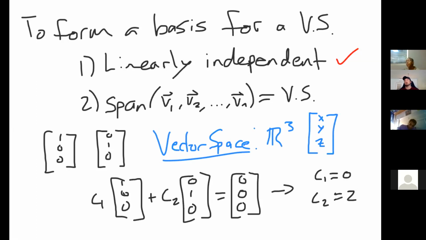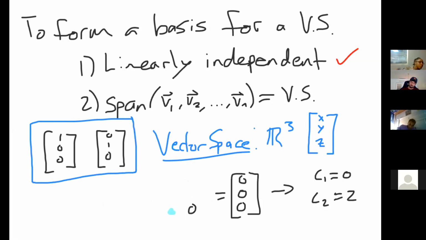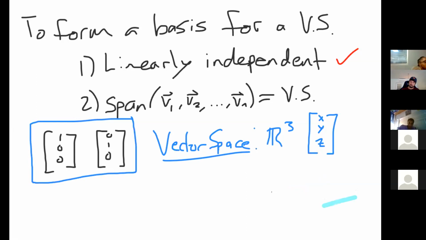These are the things that live in R3. So can I create any vector in R3 with just these two vectors? No. Yeah, answer is no.